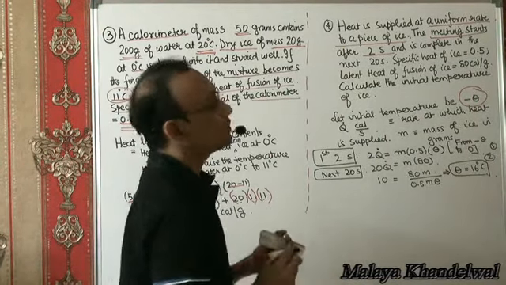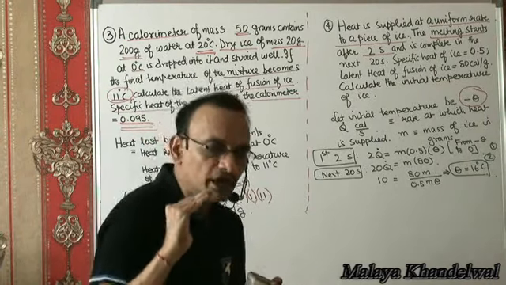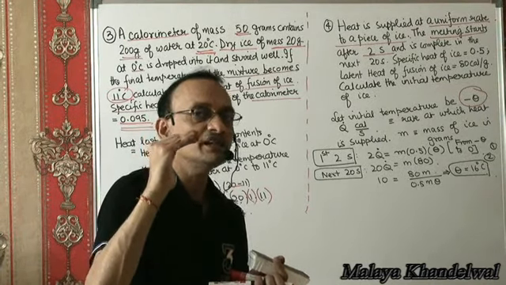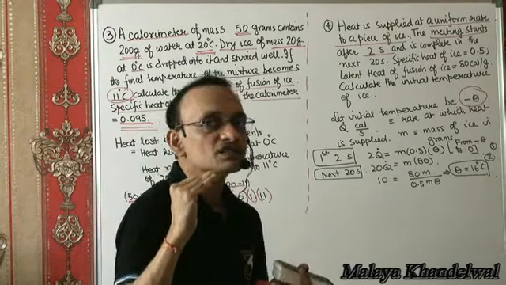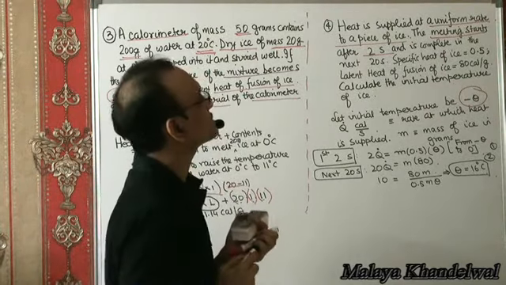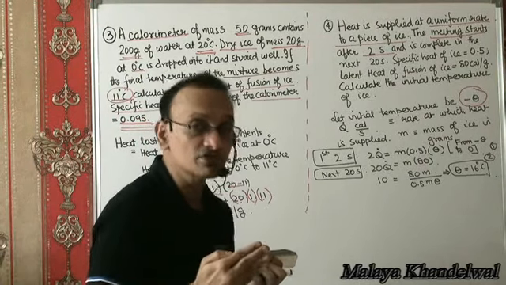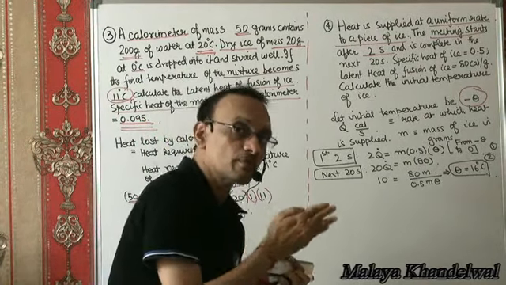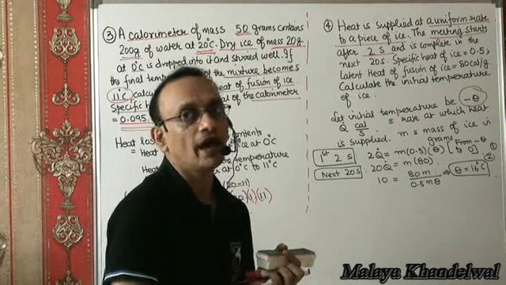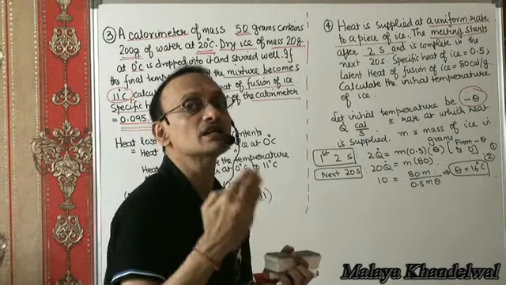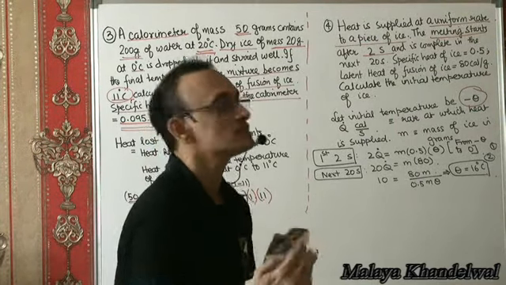So only in the first 2 seconds, the heat that is supplied increases the temperature, and the melting starts after that. That means in the first 2 seconds, the temperature goes from minus theta to 0, and there is participation of sensible heating.